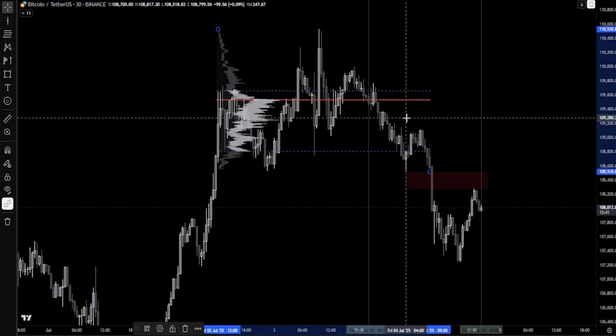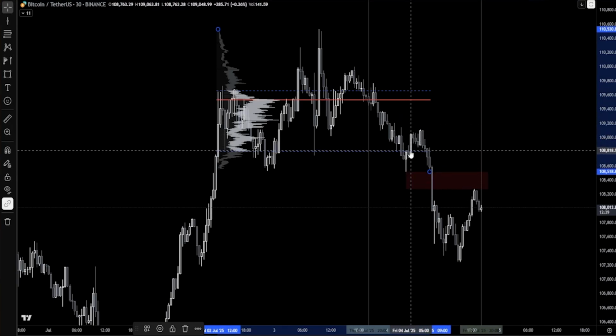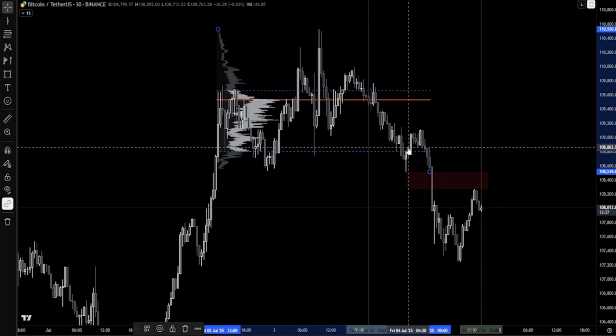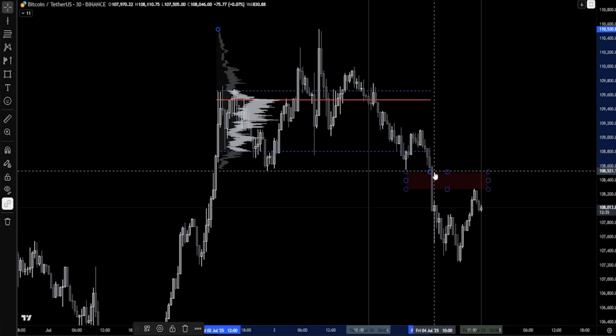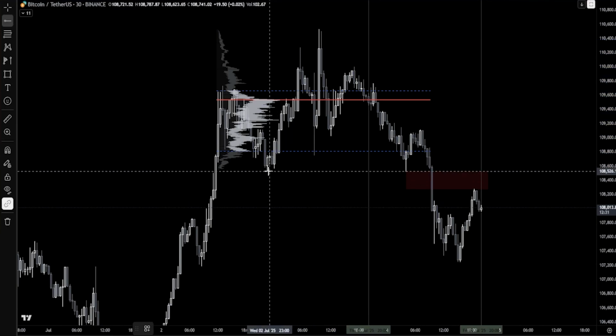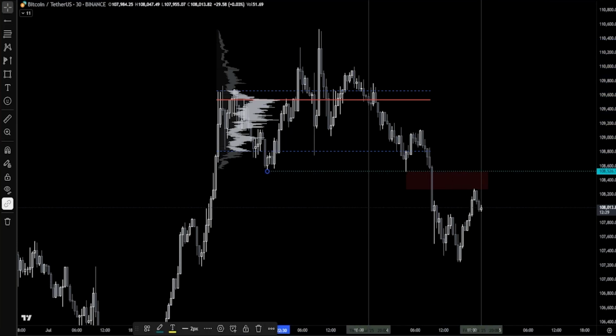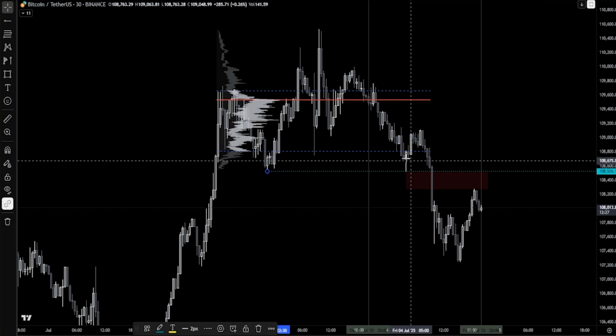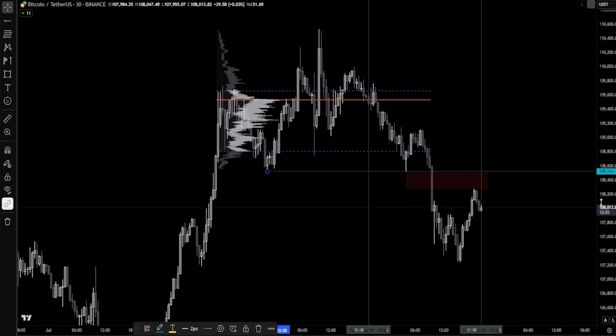We had value area, break it, fail, retest, expand away. Broke some lows. That was cheeky, wasn't it?